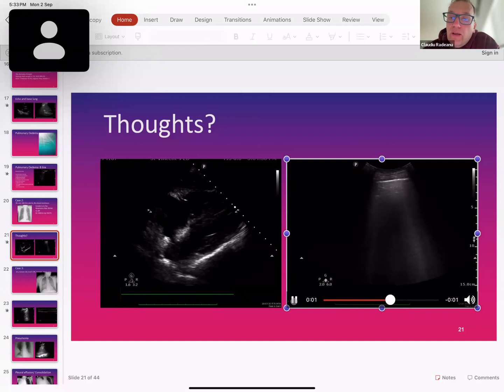So coming back, what can it be? The heart is not related. So we call it non-cardiogenic pulmonary edema or acute lung injury, and it's related to blood transfusion.